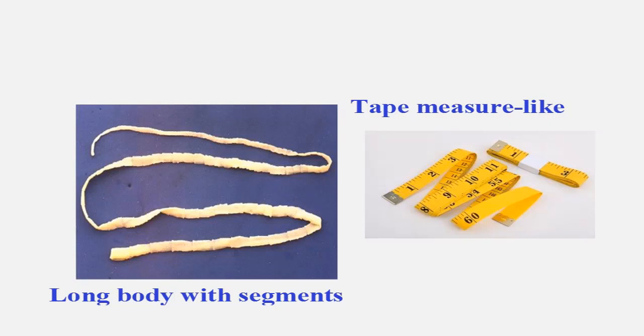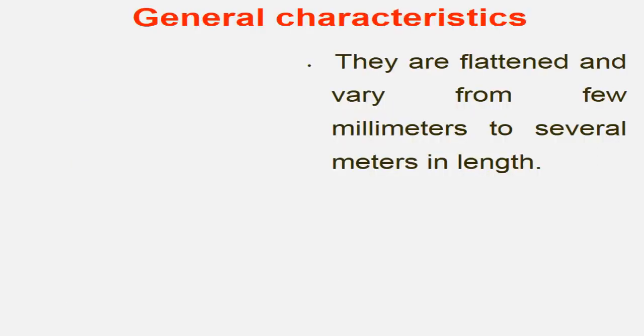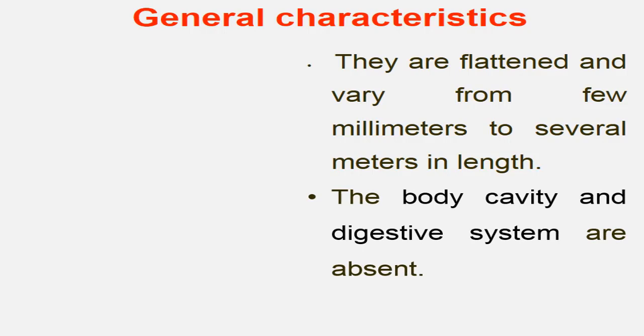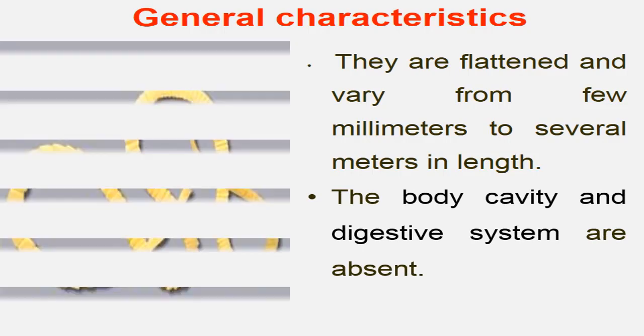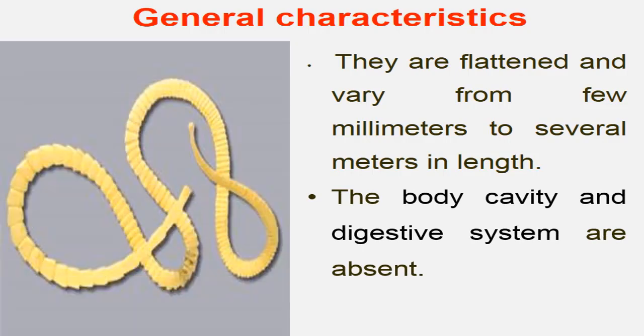Let's talk about general characters of class Cestodes. They are flattened and vary from a few millimeters to several meters in length, and the body cavity and digestive system are absent.